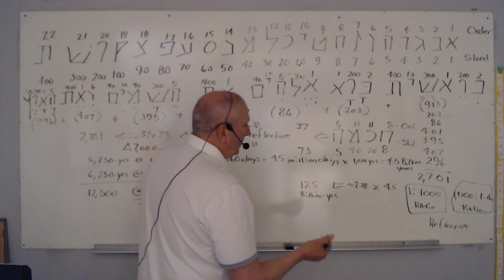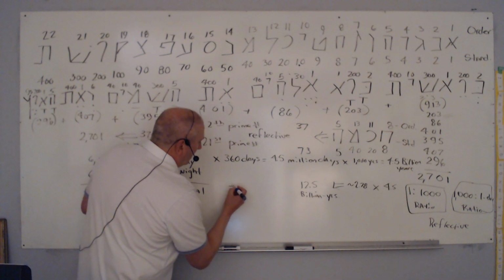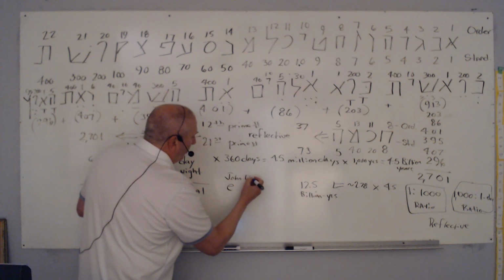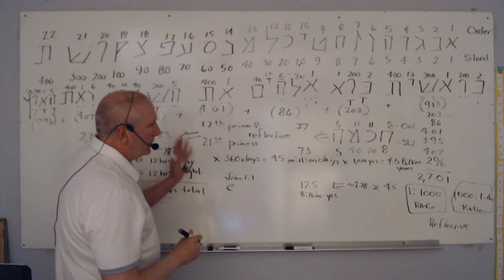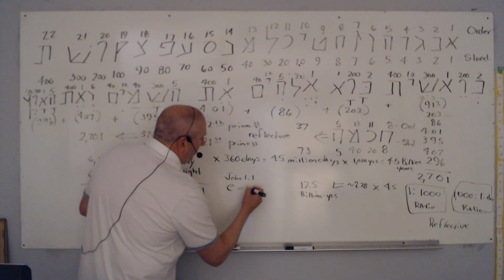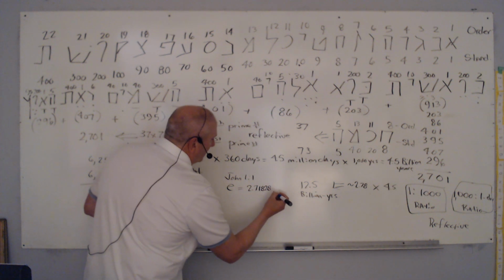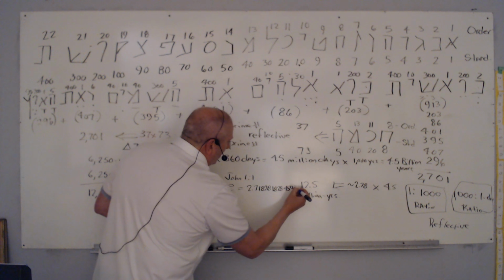And then we can notice also that the 2.78 and the number E, which is in John 1:1, when you take and do just simple arithmetic there, which that's another video, the number E equals 2.718281828459045.